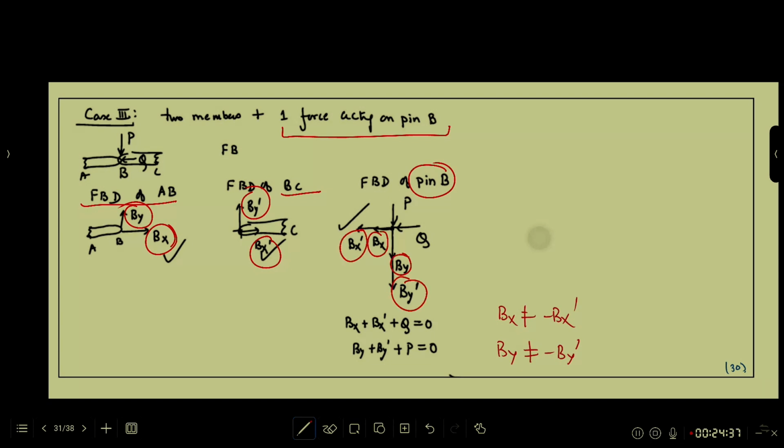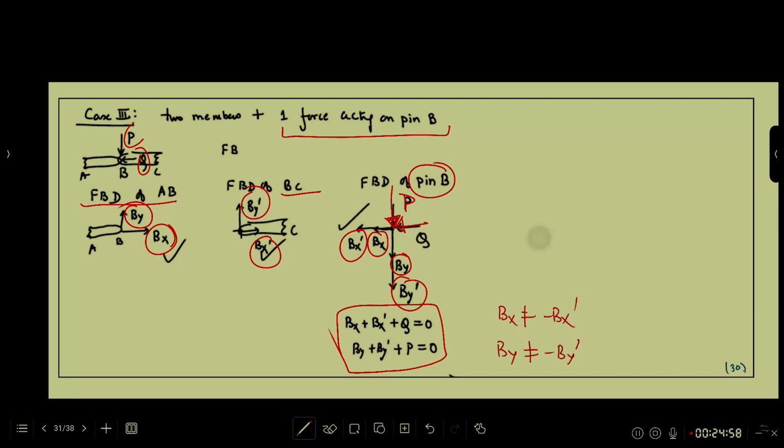In fact, I have put two forces, P and Q, and that's why both forces are appearing. And in this case, applying Euler's first axiom to the pin, this is the relationship that exists between Bx, Bx prime, By and By prime. Can we pretend that the pin does not exist? No, you cannot.